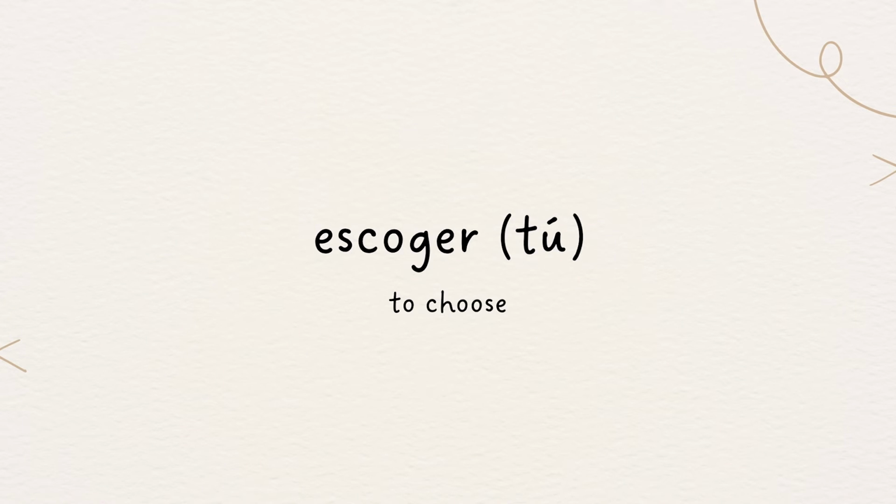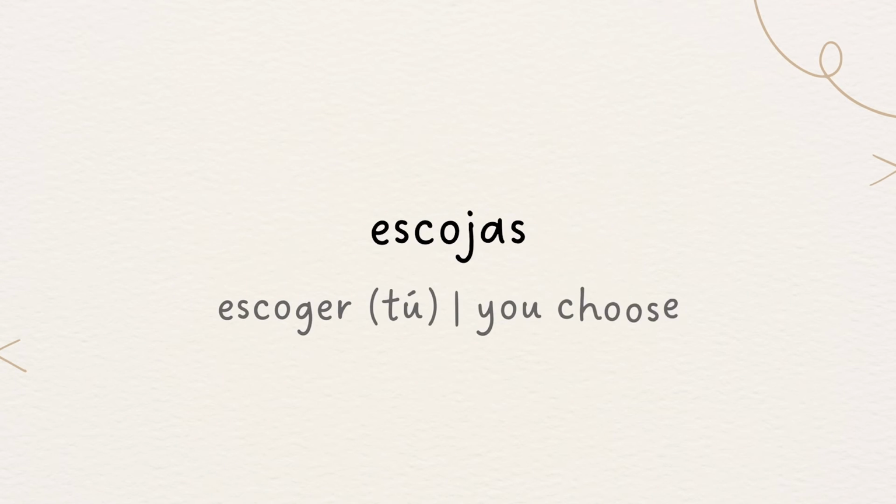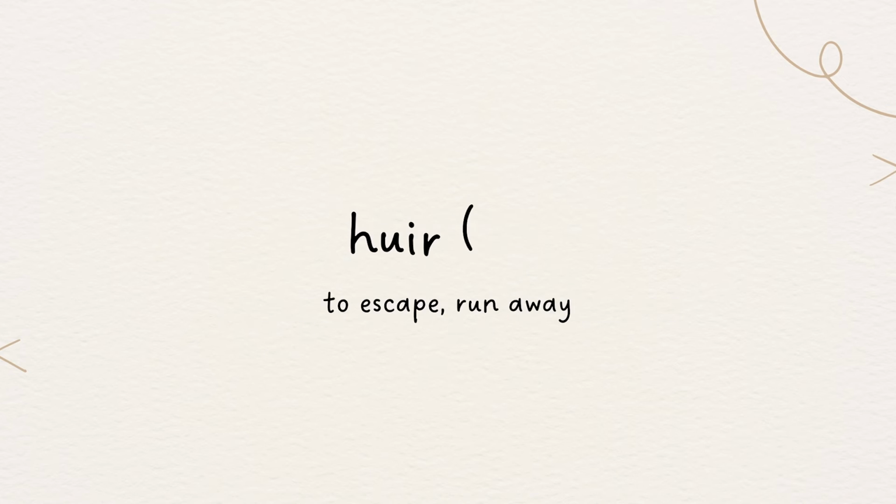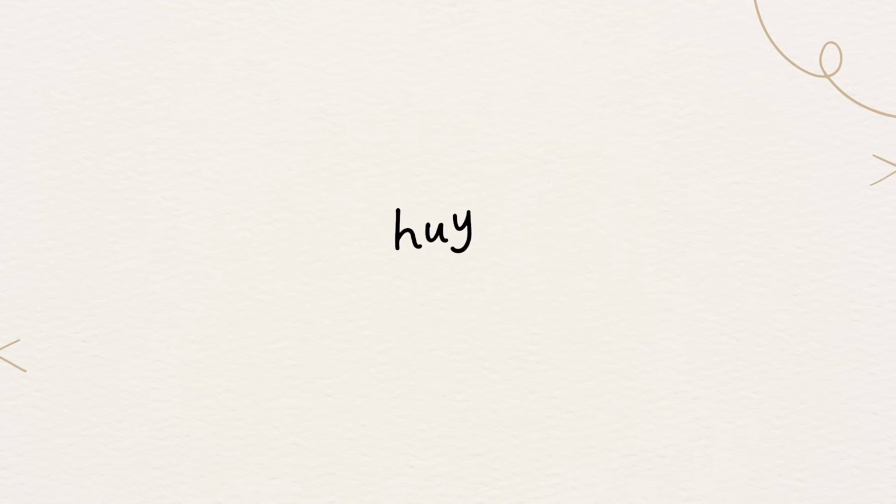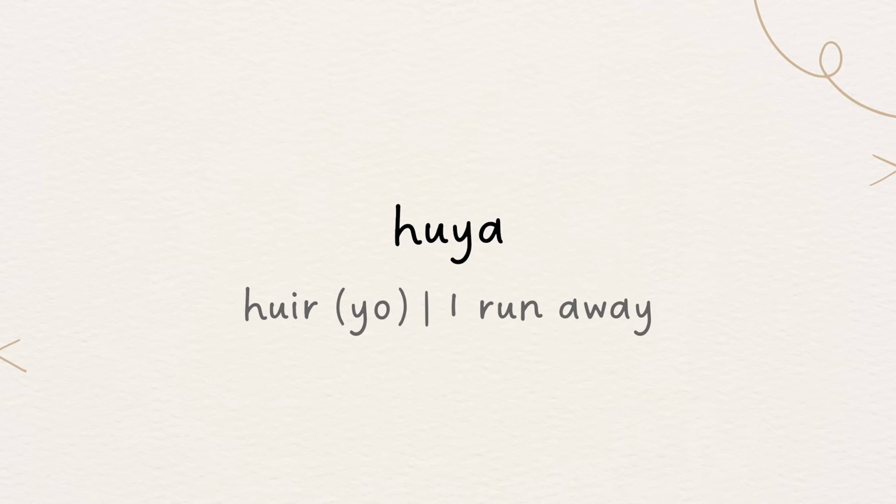Escoger for tú becomes escojas, which means you choose. Escojas. Huir for yo becomes huya, which means I run away. Huya.